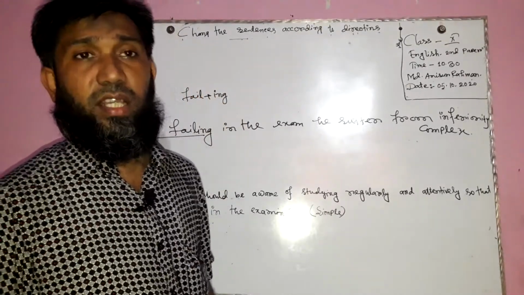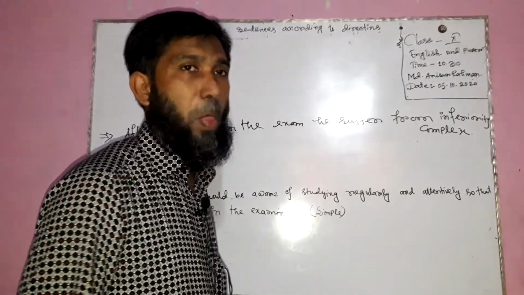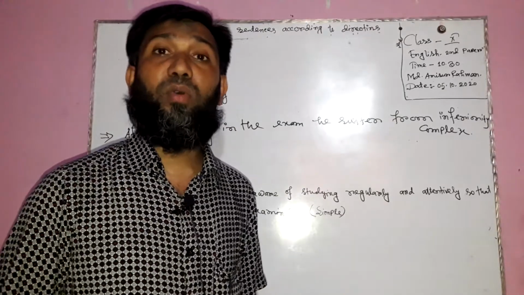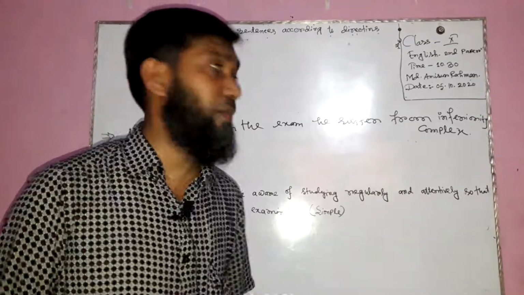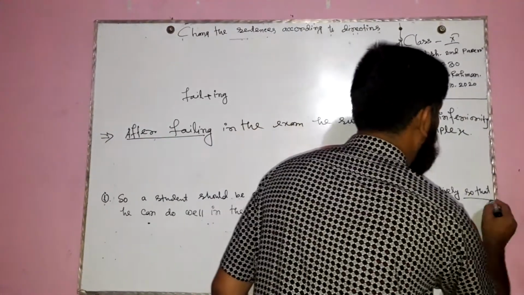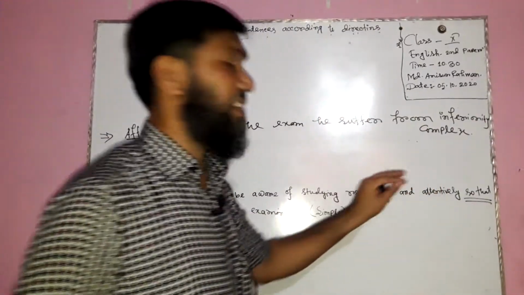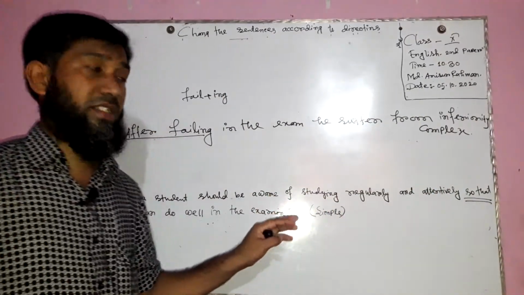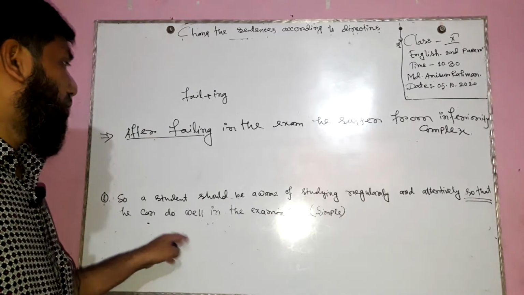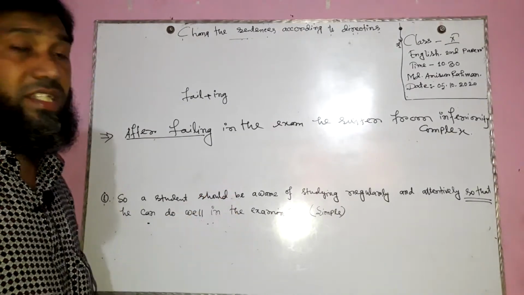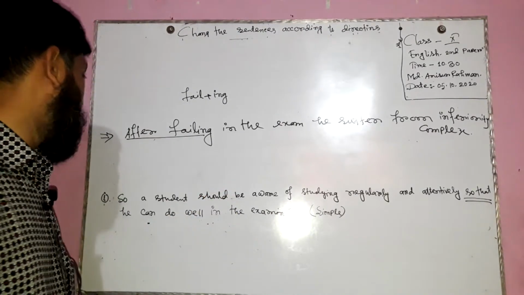Can you give me the answer? Which sentence is this? This sentence is complex. How can we know? Here "so that" is the main sign of a complex sentence. We have to change this sentence from complex to simple.